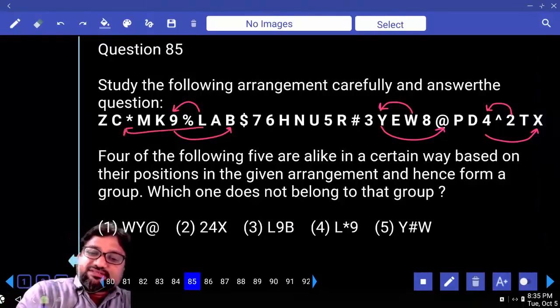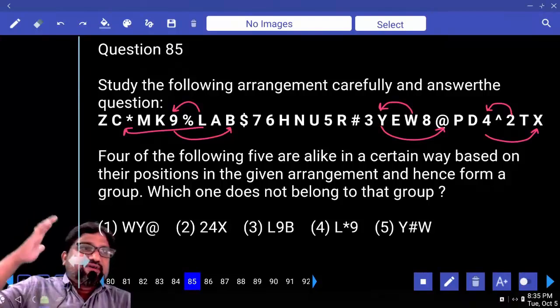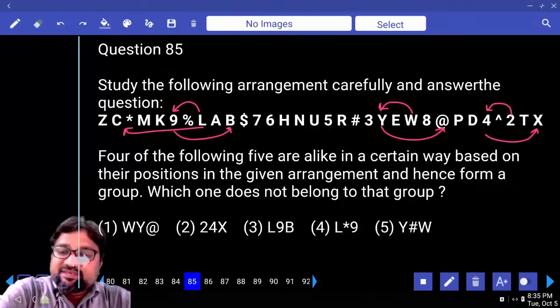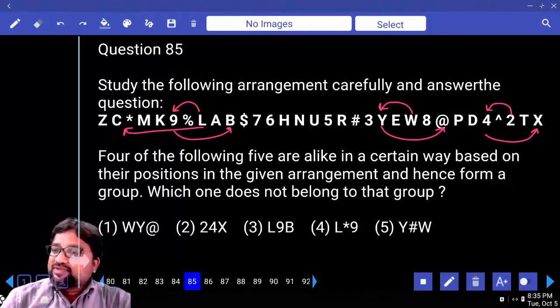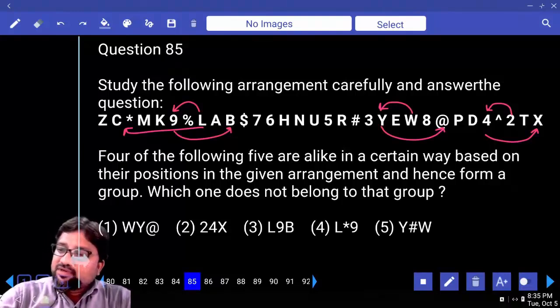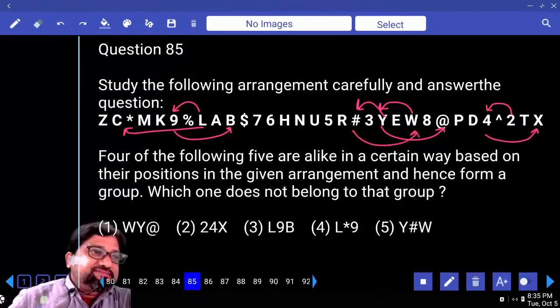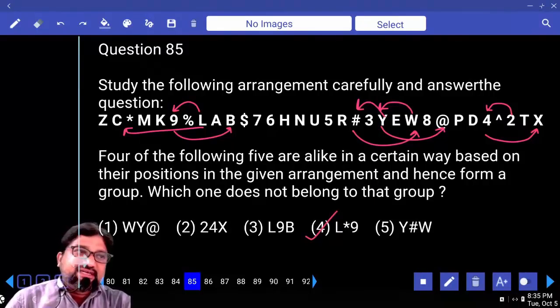L to star is this 1, 2, 3, 4, 5 and B is somewhere else. So the 3 are following same rule except 4th, but we'll look at the 5th also once to make sure whether they are all following the same rule or not. Second left of Y is hash, fourth right of hash is W. Done? So which is the answer? L star 9. Except this 4th option, all others are following the exact same rule.